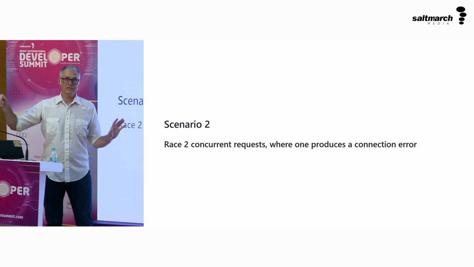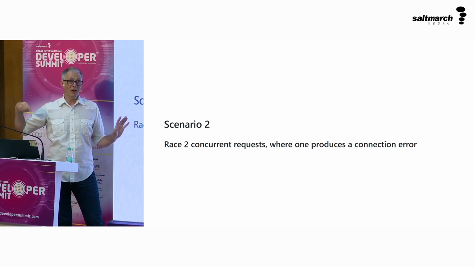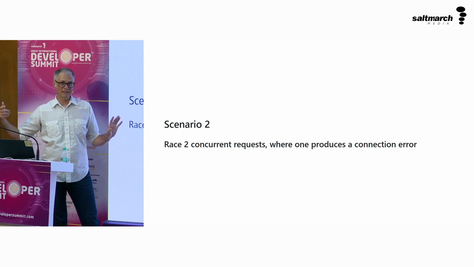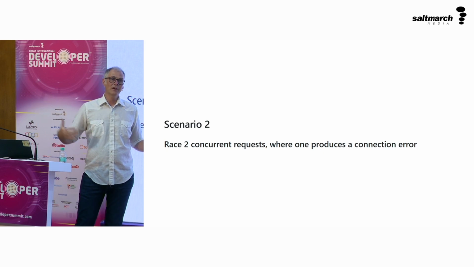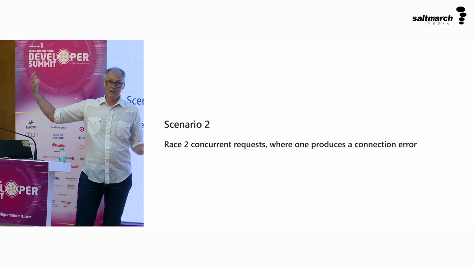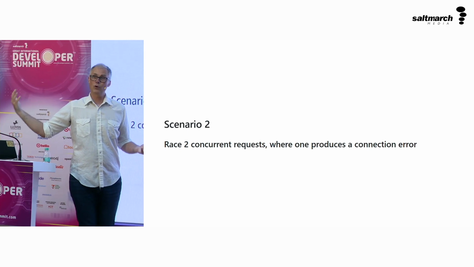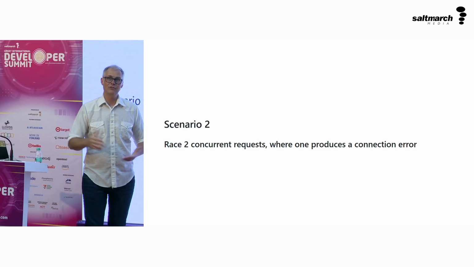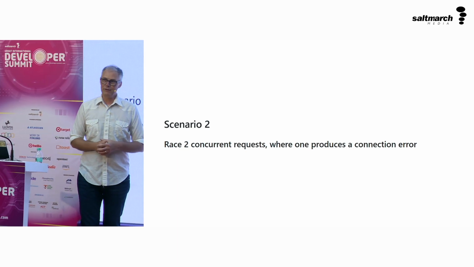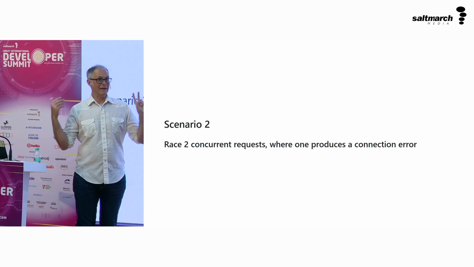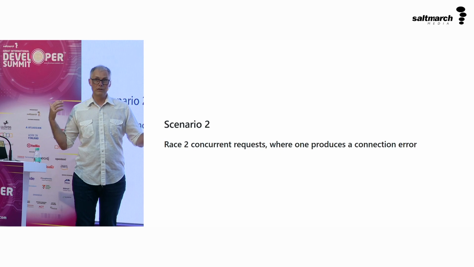This will trigger the client side to produce an error, because typically with an HTTP client, if the server just hangs up on you, it's going to cause an error on that request. So this could be an exception if you're in Java, or other approaches depending on the language. But in this scenario, when we make those two concurrent requests, one will be an error.